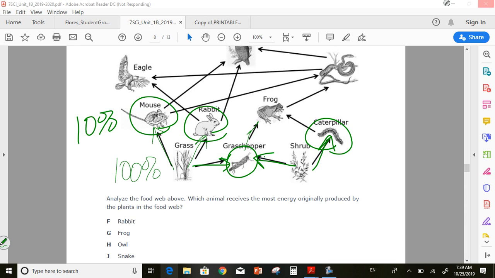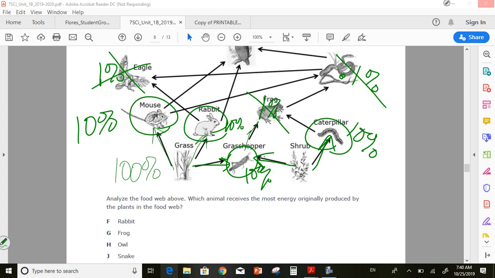Okay? The frog's only going to receive 1%. So no. The eagle is also going to receive 1% if it eats the rabbit. So no. The snake will receive 0.1%. So no. Caterpillar receives 10%, grasshopper receives 10%, and the rabbit receives 10% with the mouse.